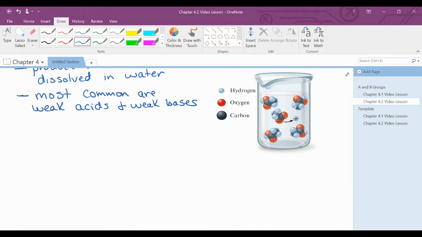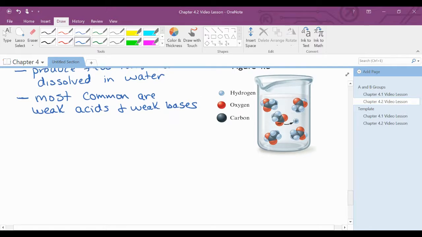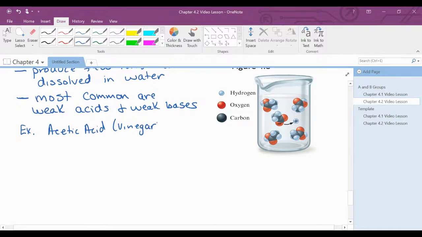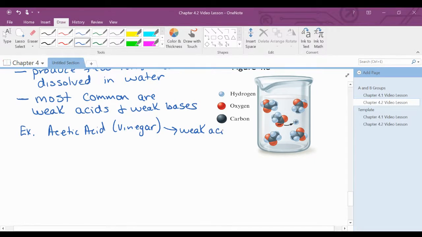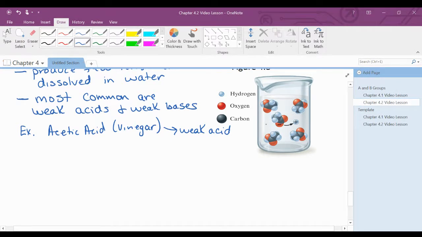So in this diagram, figure 4.8, I'm using acetic acid, which is in vinegar, as our example. And I'm using this as an example of a weak acid. So if you look at our diagram here, you only have a few ions in solution.